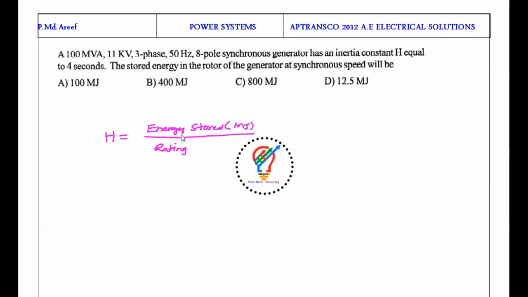We know H and the rating, so the energy stored in megajoules is H, 4, times the rating of the machine, 100 MVA. So 400 MJ is the energy stored here. The answer is B.